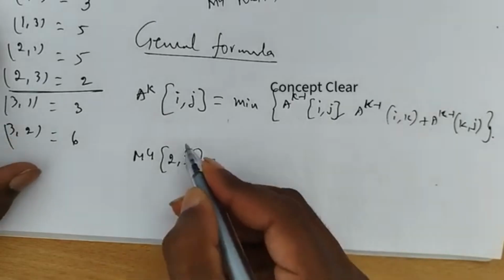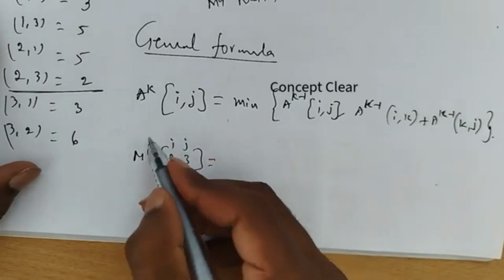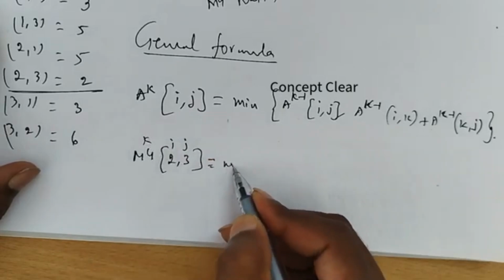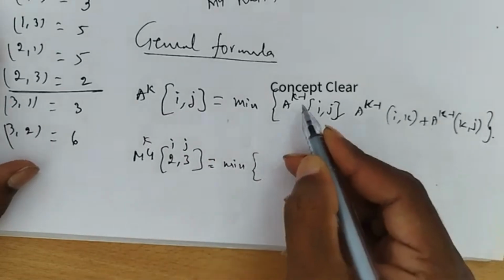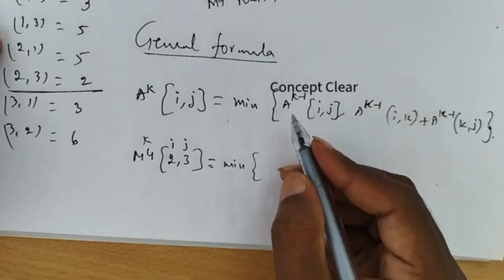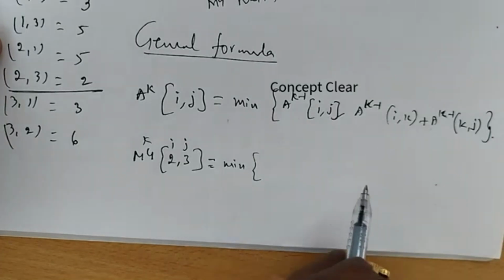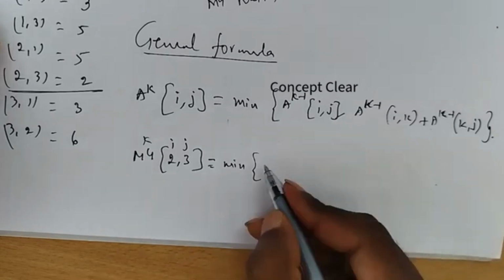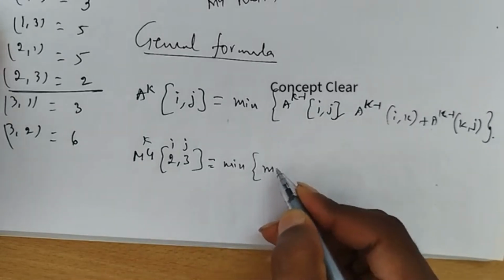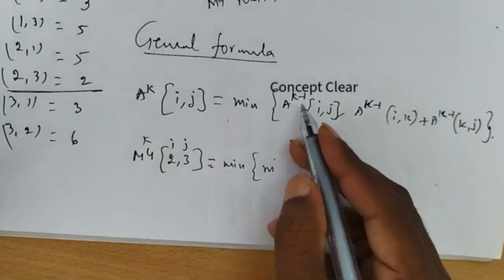See here, it is the i value, it is the j value, and it is the k value. Minimum of M4, M3 means A, and k means 4.